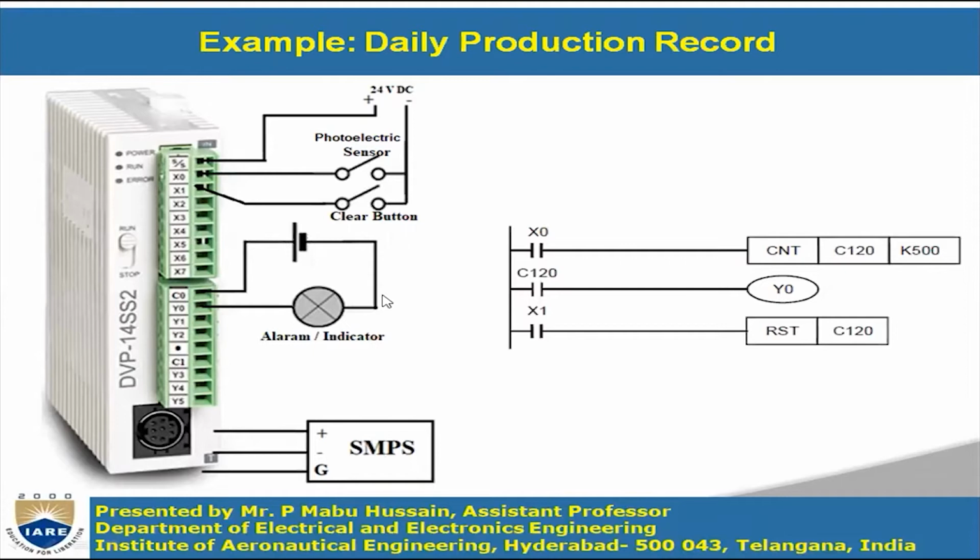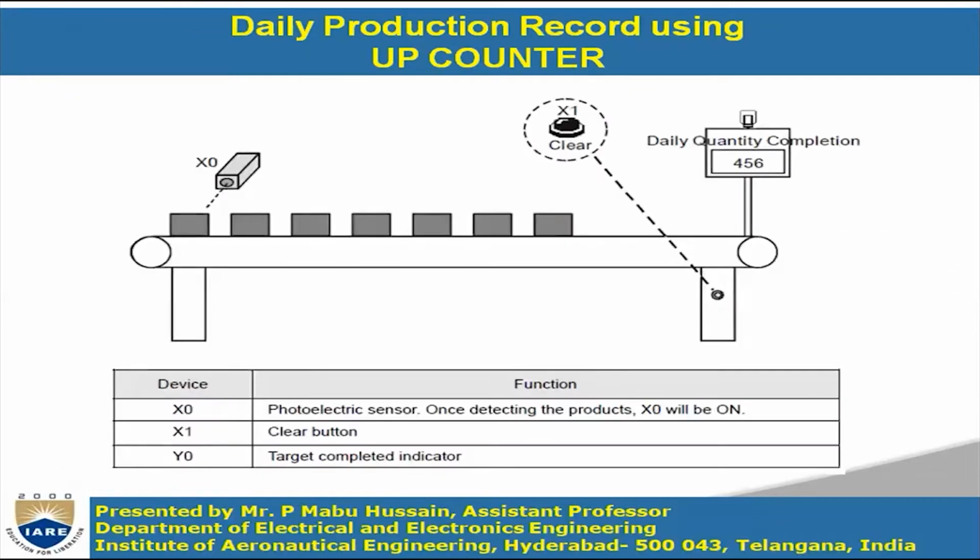With the PLC, how can you implement this? In the present example, what are the inputs? The photoelectric sensor. Whenever the target of 500 is reached, you have to set the counter back to 0. For that purpose, we use another input X1, which is the clear button. Whenever you press the clear button, the counter value comes back to 0 and it starts counting from 0 again.